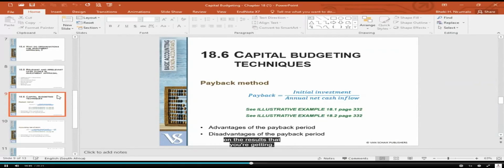When you look at your textbook on page number 332, you'll find Illustration 18.1, where Zeus Ltd invested 2 million in a project that is expected to generate net cash flows of 500,000 for the next 5 years. But when you work out the results on page 332, it's only 4 years, whereas the estimate was 5 years.